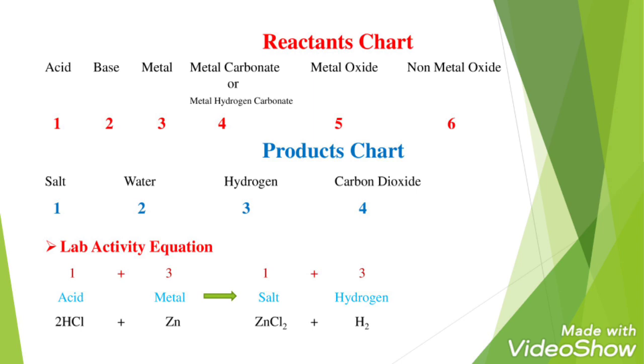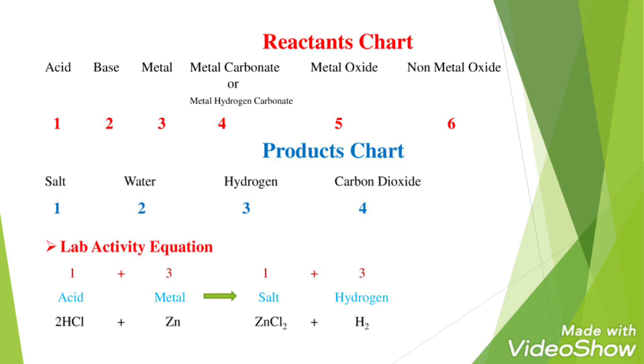Here there are a total of 6 reactants and 4 products. For them I gave allotted numbers. Using these numbers, students can easily learn, by practice, what product will come.